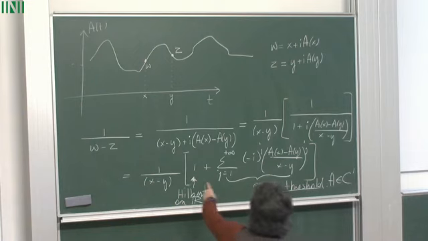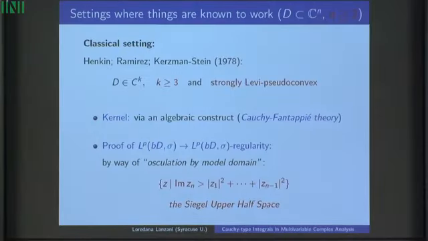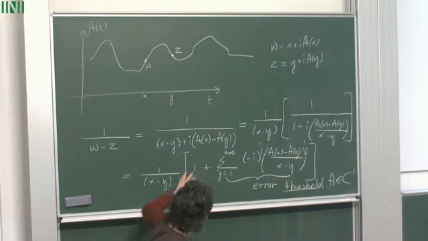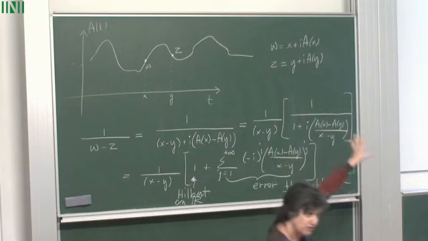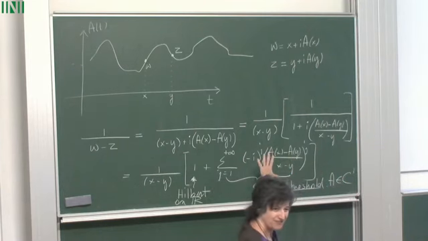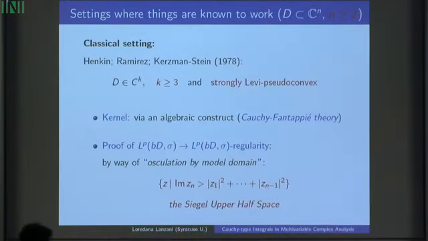And the original operator on the original domain that you want to work with can be thought of as your model operator on model domain plus an error. And if the domain is smooth enough, you can forgo the error, and you have your proof. And that's exactly the argument that Kerzman and Stein were able to implement in the classical stages of the theory.